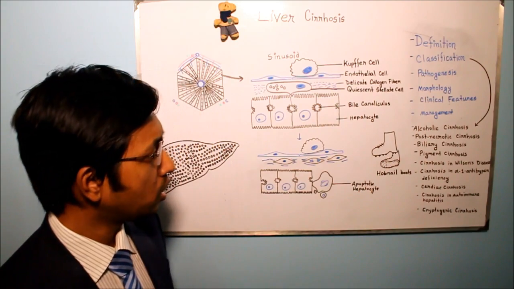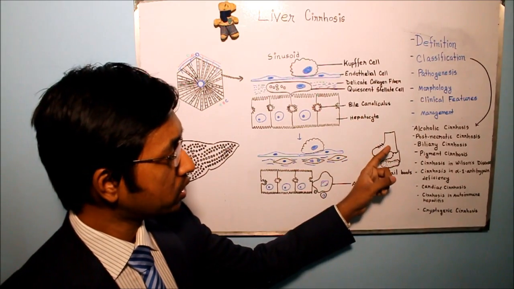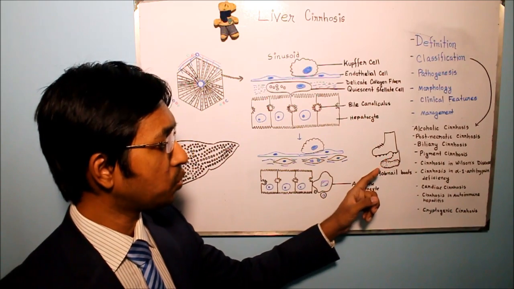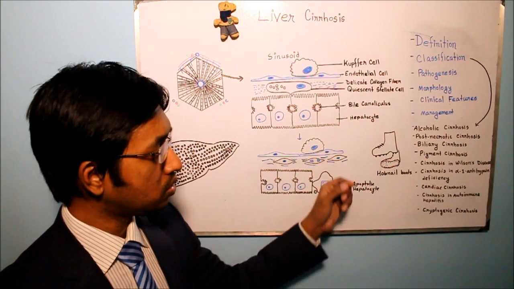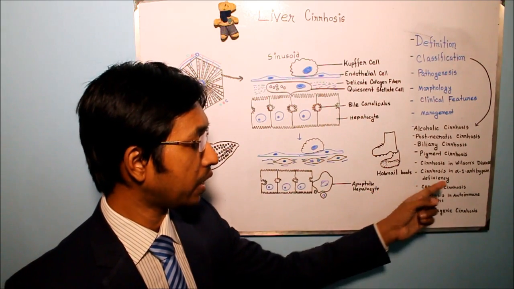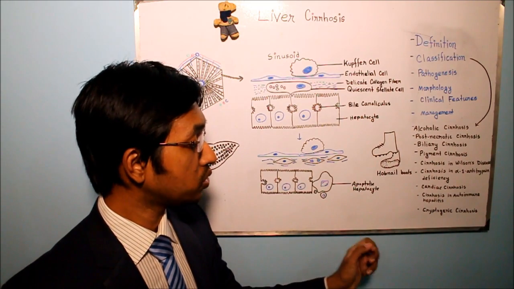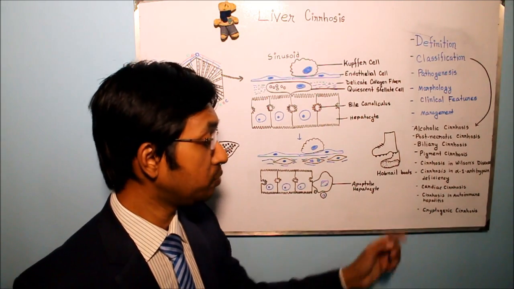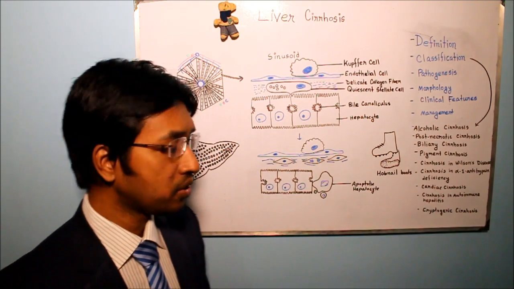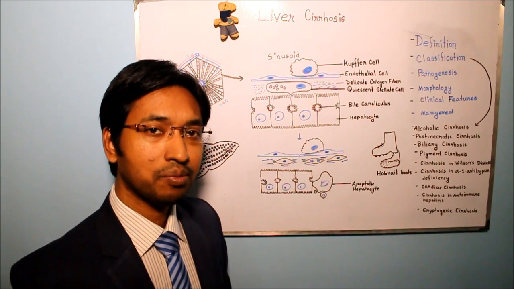So according to etiology, liver cirrhosis can be alcoholic cirrhosis, post-necrotic cirrhosis, biliary cirrhosis, pigment cirrhosis, cirrhosis in Wilson's disease, cirrhosis in alpha-1 antitrypsin deficiency, cardiac cirrhosis, cirrhosis that is happening in autoimmune hepatitis, cryptogenic cirrhosis, etc. So now we will talk briefly about these various types one by one.